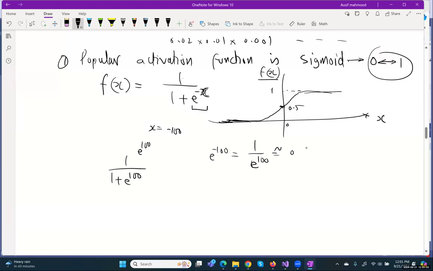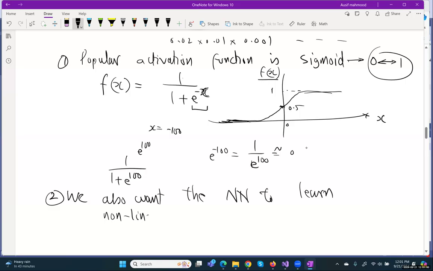In addition to constraining the output, we also want the neural network to learn nonlinear decision boundaries.